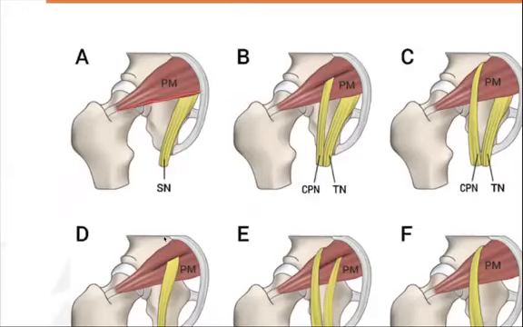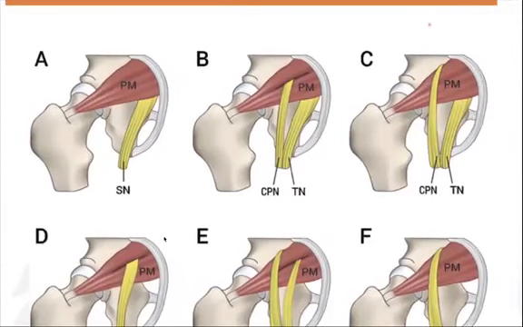This is the normal variant. But as we know, the components of the sciatic nerve are two. One is the common peroneal and another one is the tibial. So in 12% of patients, the common peroneal part will be emerging within the piriformis muscle, but the tibial one will be remaining in the same place.